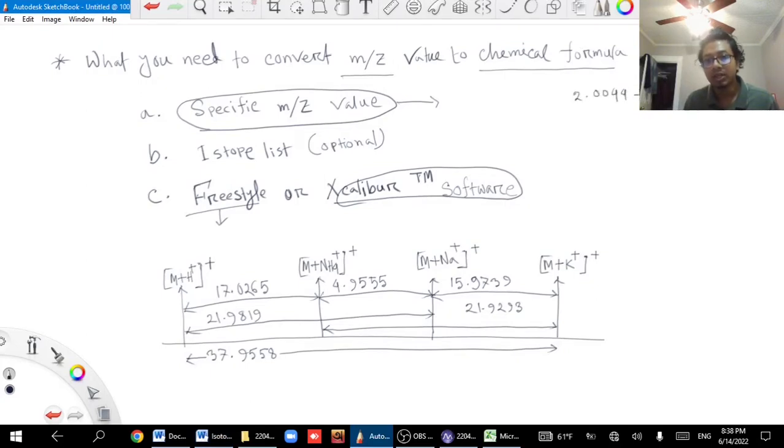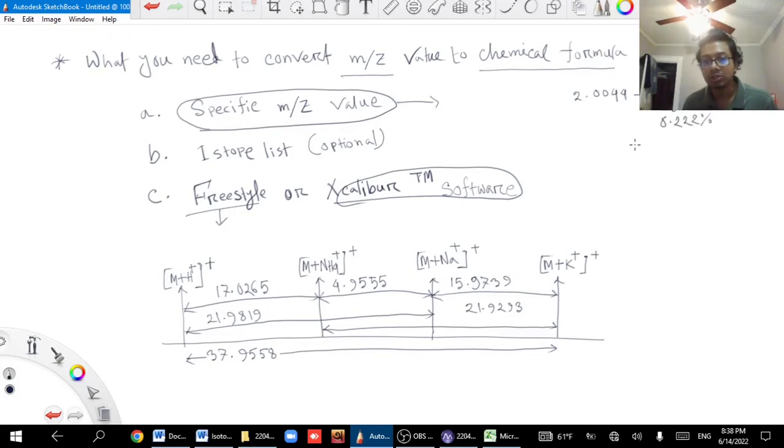This is oxygen 18, and the height of that peak is 1.85, and the natural abundance of oxygen 18 is 0.222%.